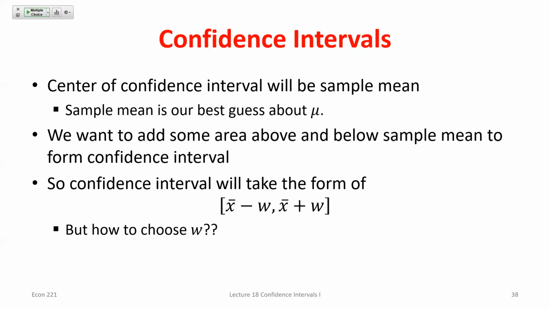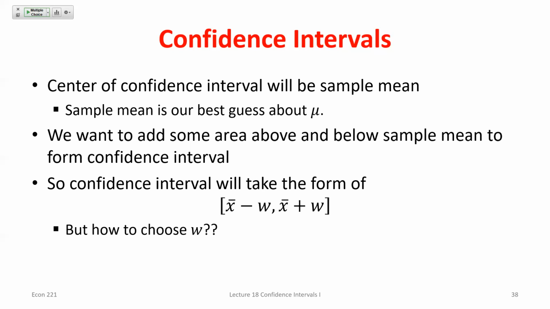So maybe I see 48,000 and say, well, I want to be safe, so I'll go 5,000 to the left and right and say there's a 90% chance that the true mean is somewhere between 43,000 and 53,000. I create this range and say with a certain level of confidence that the true population mean is within it. Why or how we know what level of confidence we can say that at is what we'll eventually get to.